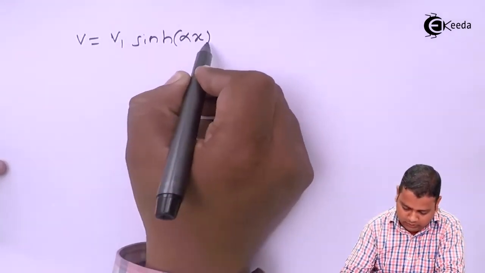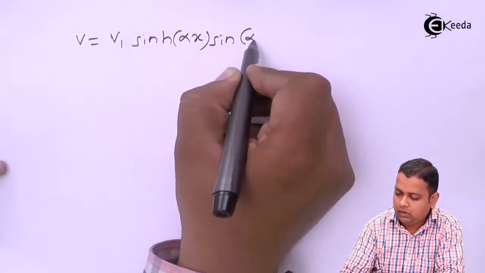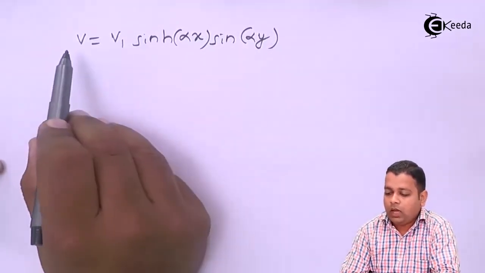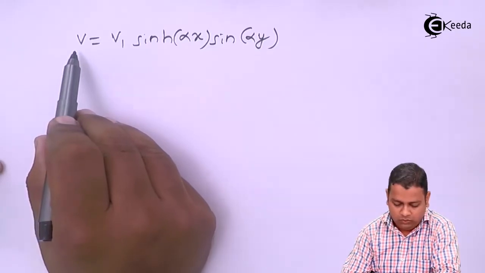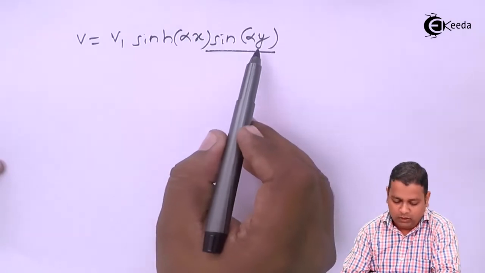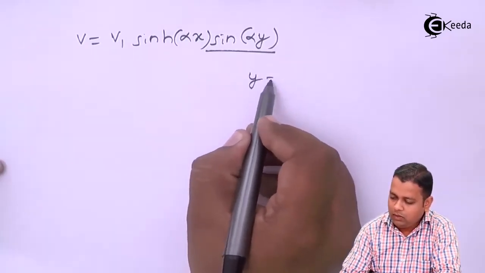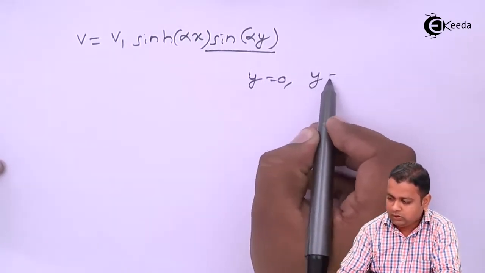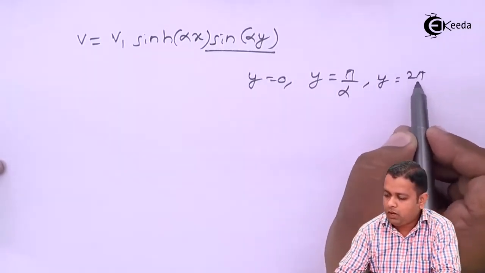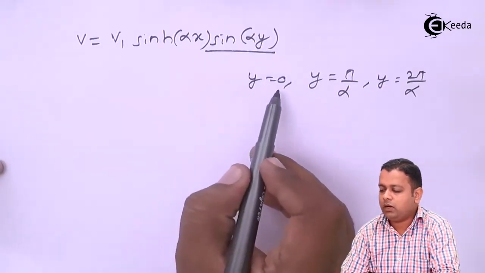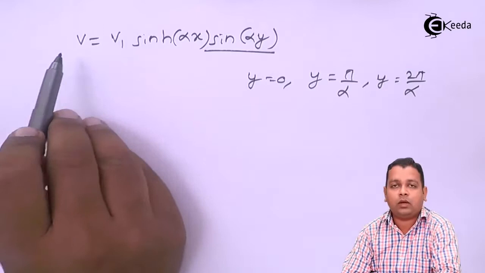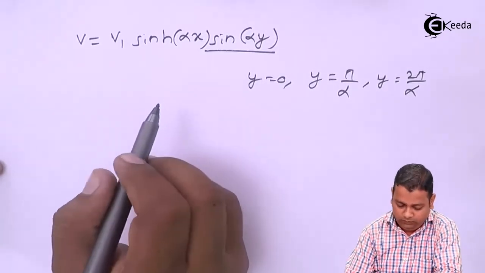sin h alpha x sin alpha y, we can say that the capital V will be equal to 0 if we make sin alpha y equal to 0 by substituting y equal to 0 or y is equal to pi upon alpha or y is equal to 2 pi upon alpha, because the sine value for these y will give you 0 in multiplication with all, capital V will be equal to 0.